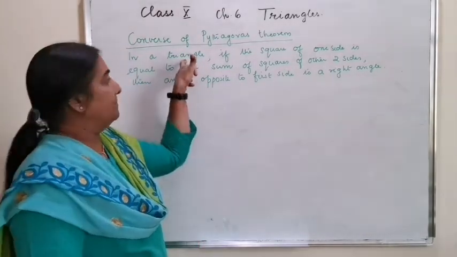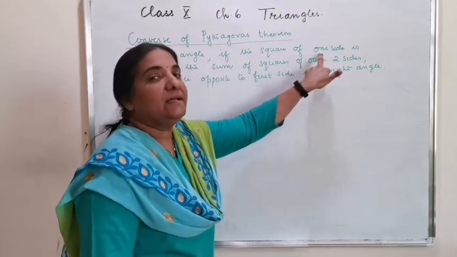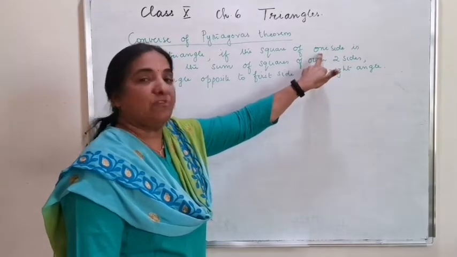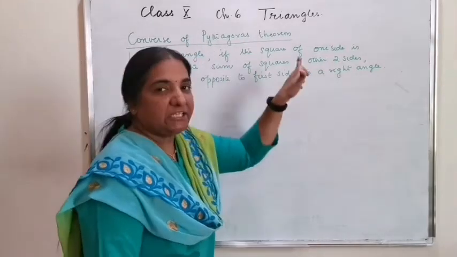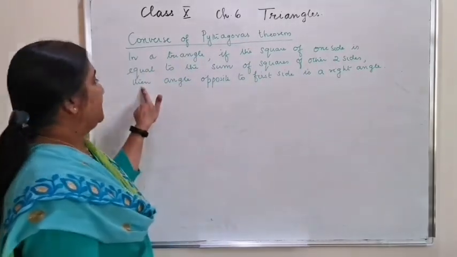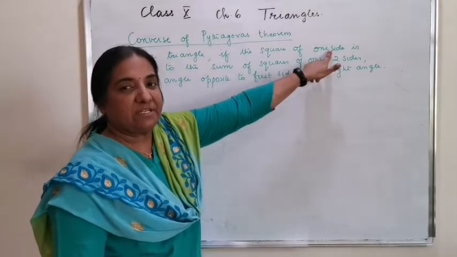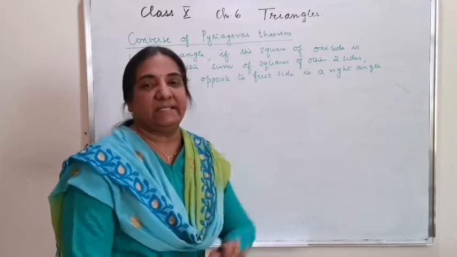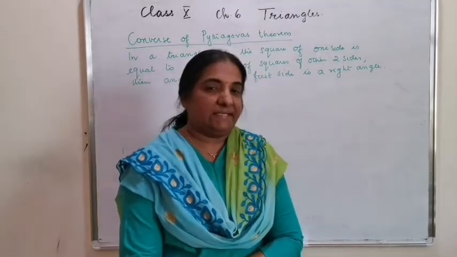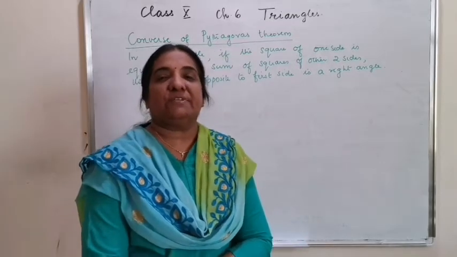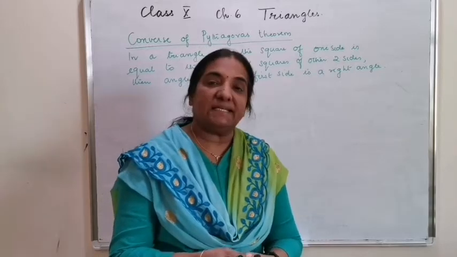In a triangle, if the square of one side, again we are not using the word hypotenuse, is equal to the sum of the squares of the other two sides, then the angle opposite to the first side is a right angle.